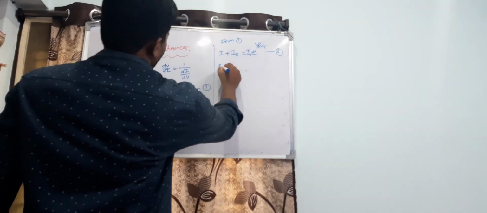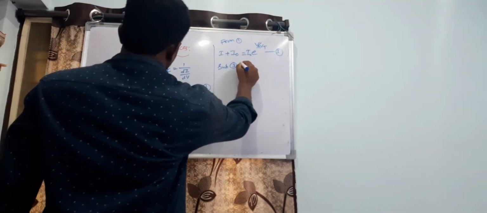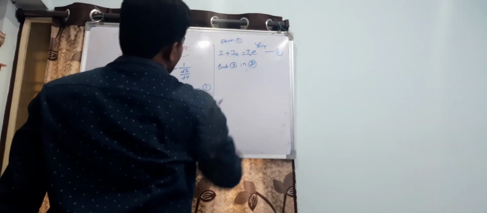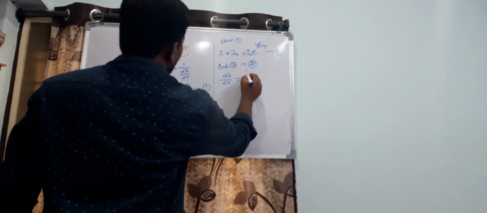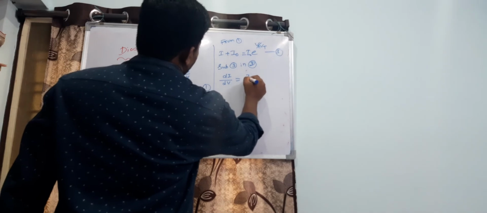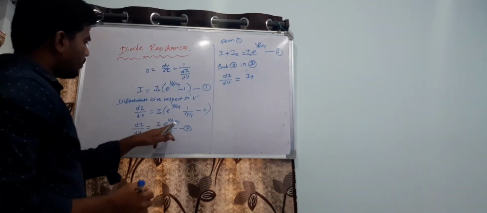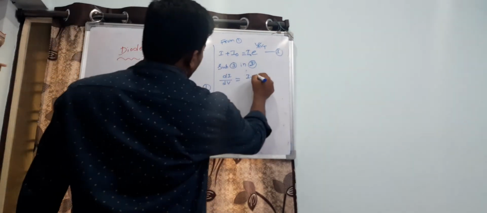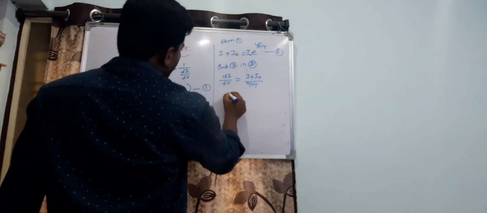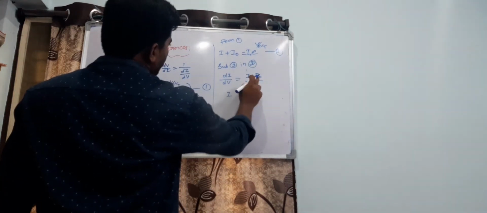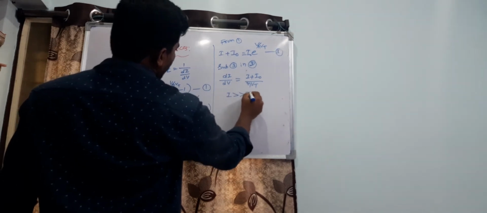So substitute equation 3 in equation number 2. dI by dV is equal to I plus I naught divided by eta Vt, replacing I naught into e power V by eta Vt by I plus I naught. This I is the forward current and I naught is the reverse current, so I is much greater than I naught.